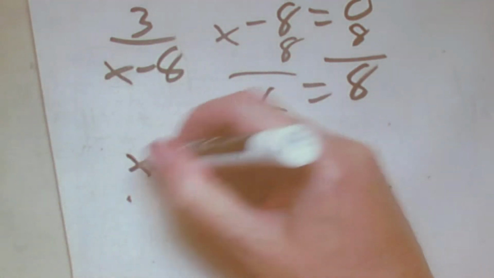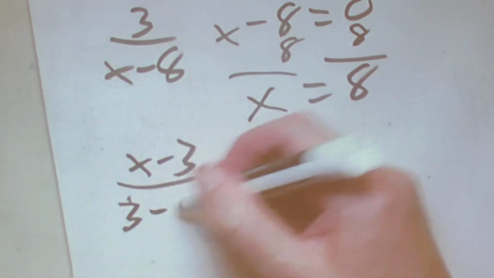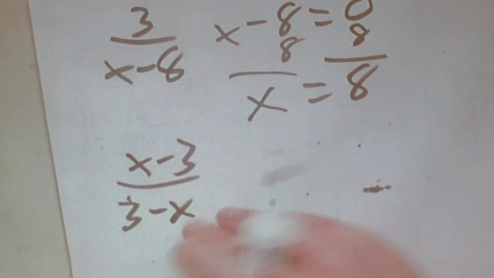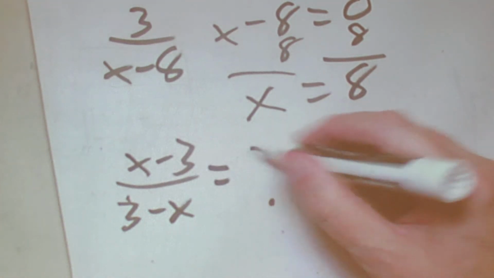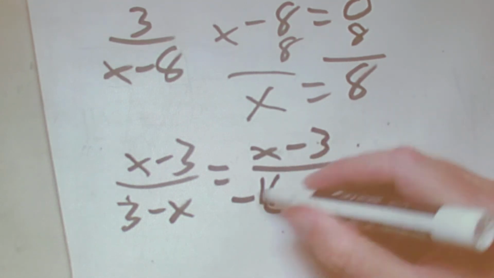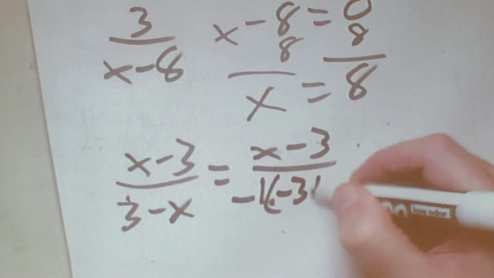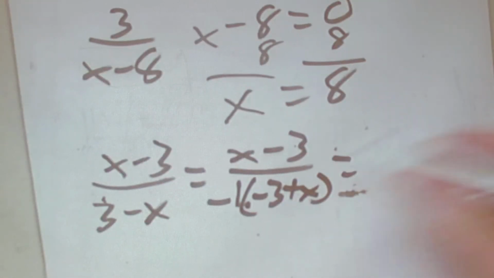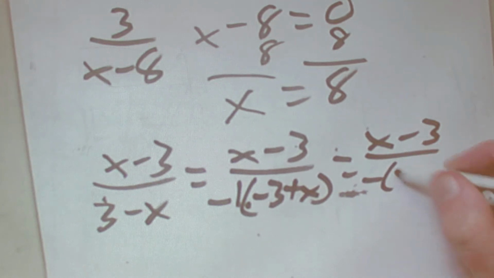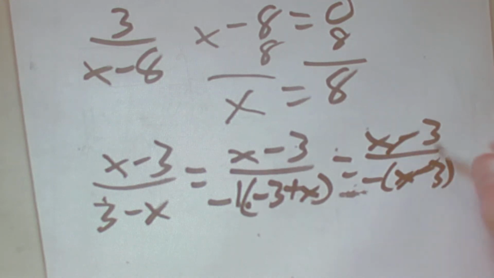Then let's say you have x minus 3 over 3 minus x. You can do this the long way and factor out a negative 1 from the bottom. So you'd have x minus 3 over negative 1 times negative 3 plus x, and rewrite that to be x minus 3 over negative x minus 3. These cancel and you get negative 1.